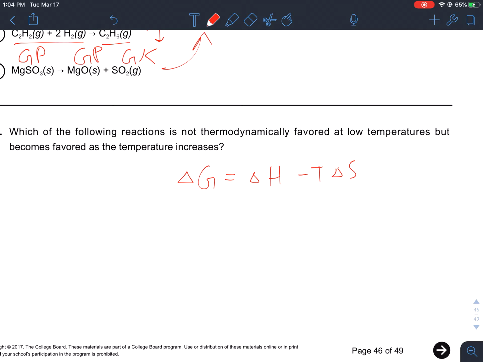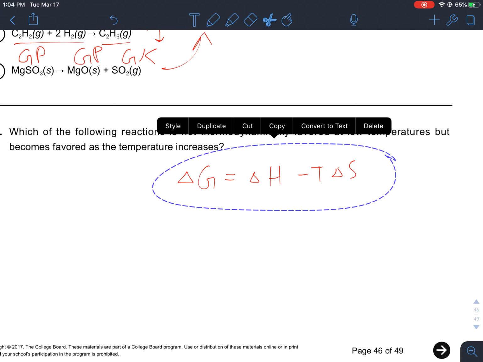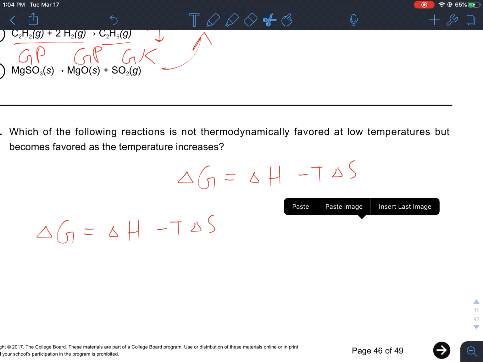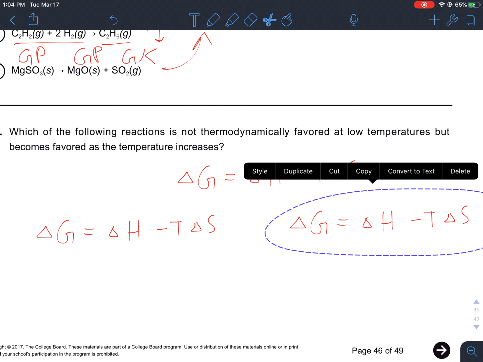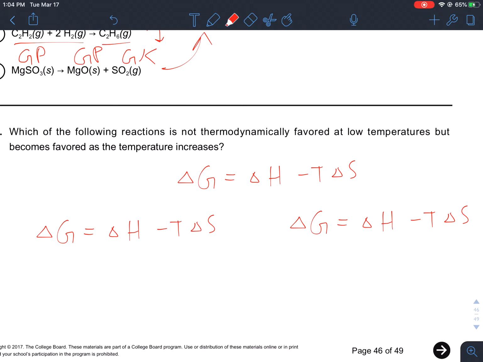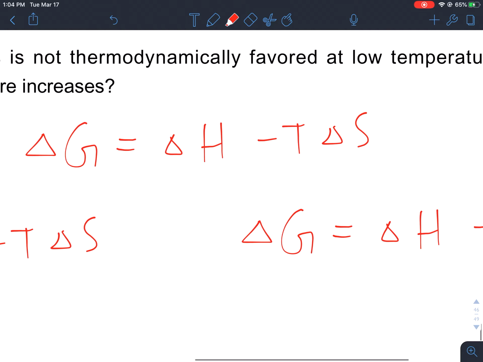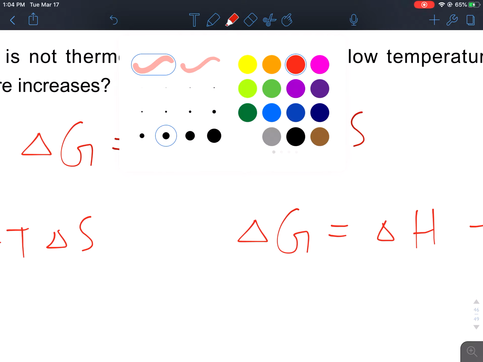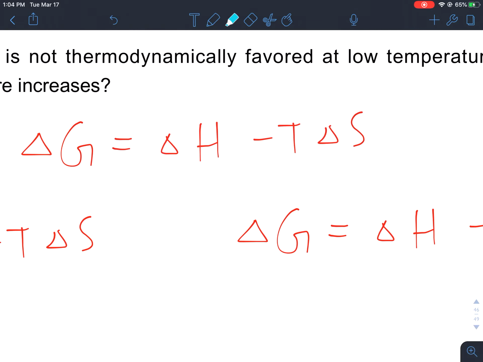See, at low temperatures, this term right here becomes invalid. Let's do something beautiful.